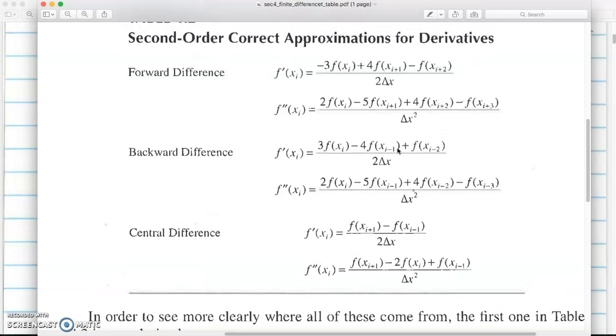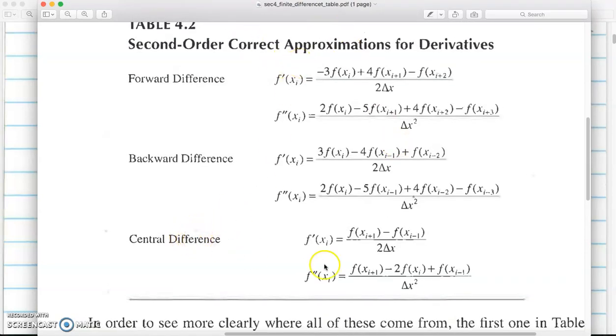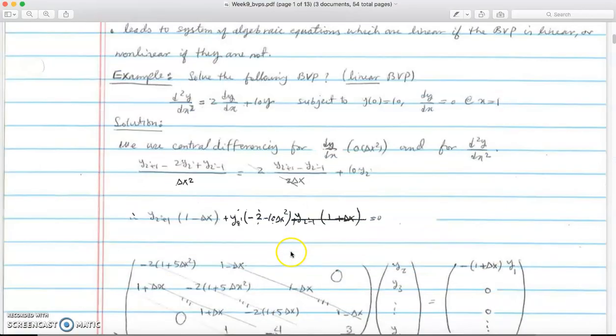If you think of second order approximation, we go to the central difference, and we pick up the bottom formula here, which is the second derivative discretization, f_{i+1} minus 2f_i plus f_{i-1}, divided by del x squared. We go back here and replace the first term by the 3 point stencil. 3 point because there are three terms here, relating i+1 to i and i-1. So that is replaced by the second order approximation.